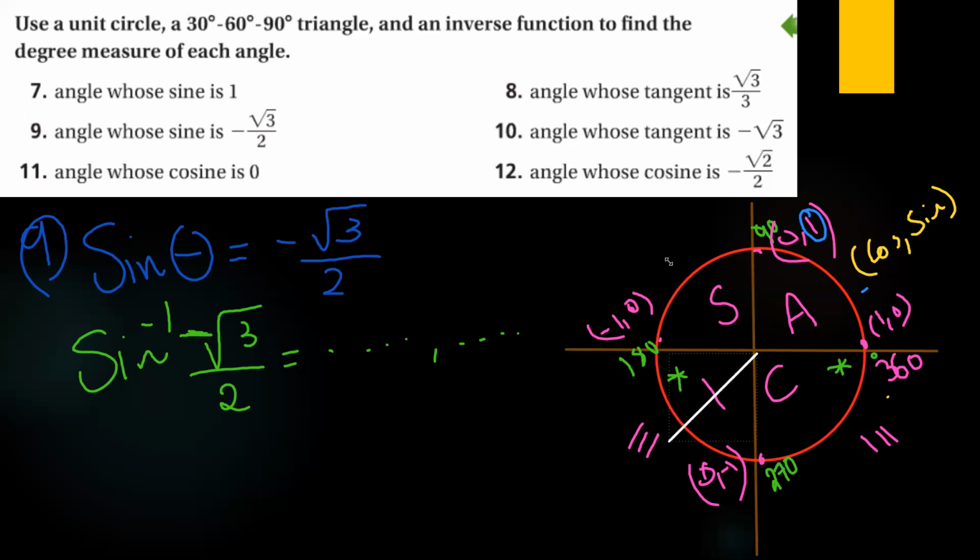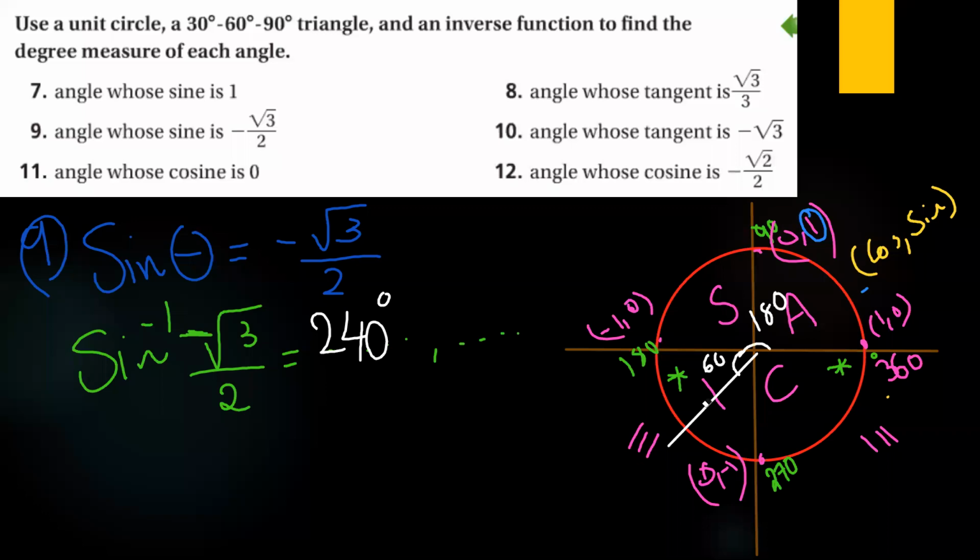So I will rotate now, starting from the x-axis, 60 degrees. And then I will see which angle this is. How did I know? I will add 180 to 60. So 180 plus 60, I have 240. So the first angle is 240 degrees. This is for the first one.